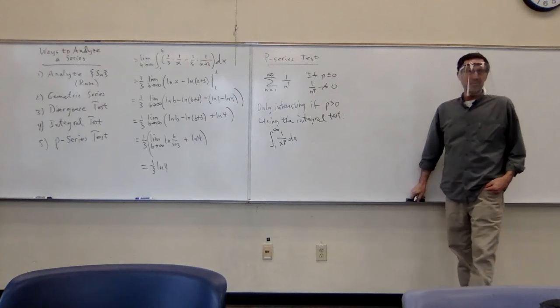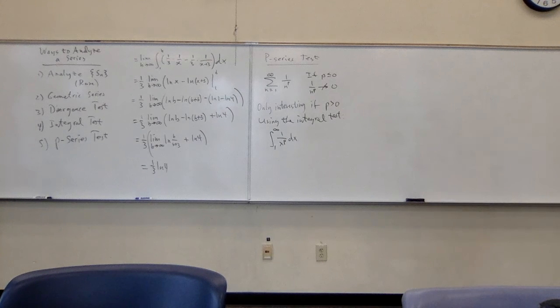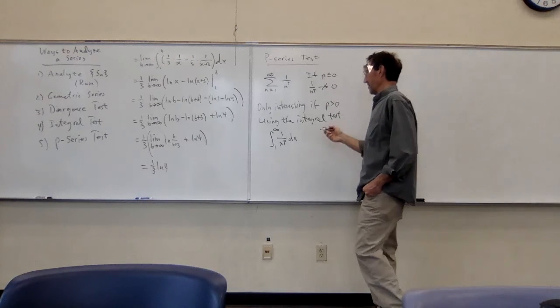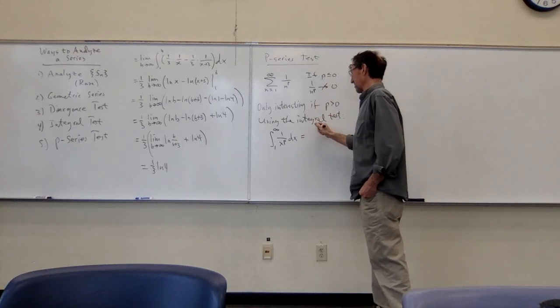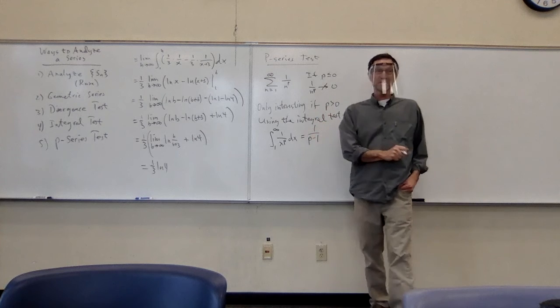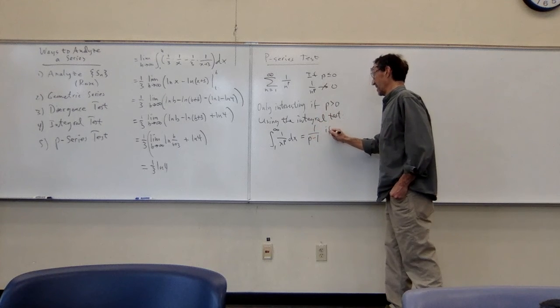But maybe that looks familiar. We analyzed that very integral back when we were dealing with improper integrals. And we found out that it converges, and the value doesn't matter, but we did figure it out. Converges to 1 over p minus 1 if p is bigger than 1.